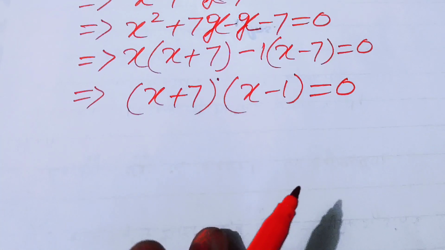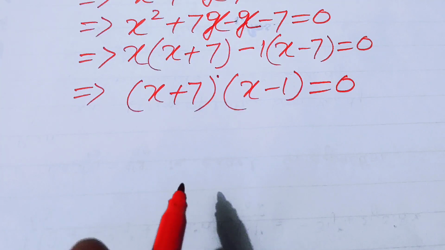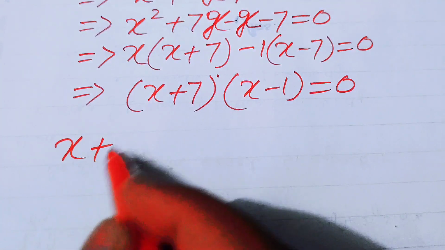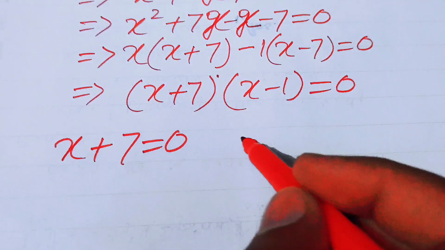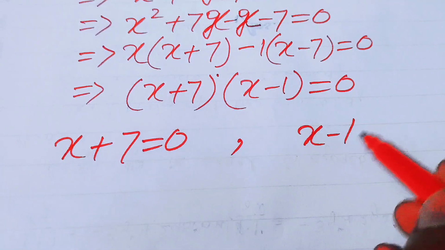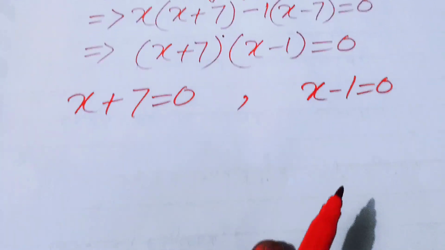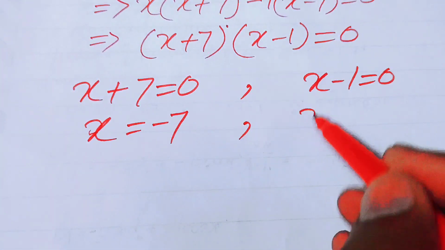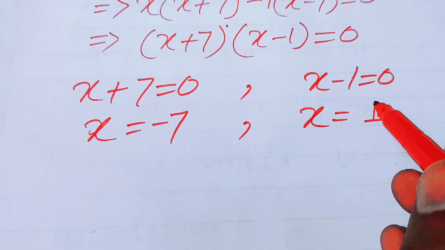So here we have two cases. The first case is x plus 7 is equal to 0, and the second case is x minus 1 is equal to 0. So in the first case you get the value of x is minus 7, and in the second case you get the value of x is plus 1.